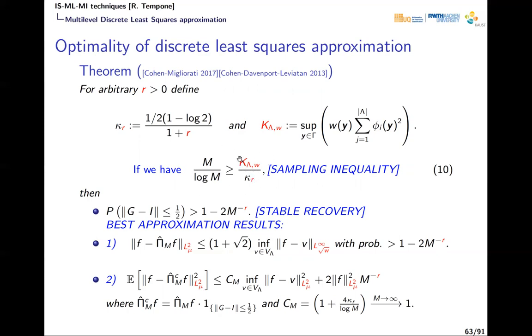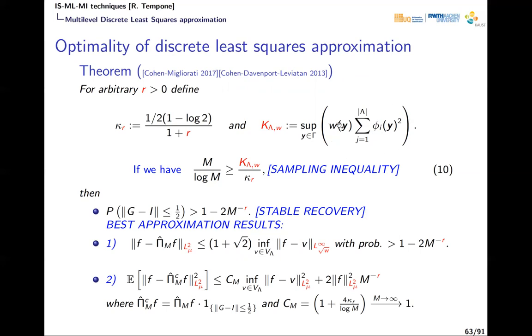And the key point that connects to this subspace V lambda, where we're projecting on, is this quantity, K lambda W, where W connects to the weight, and this lambda connects via these functions, right? That were the basis functions for the subspace where we carry the projection, right?